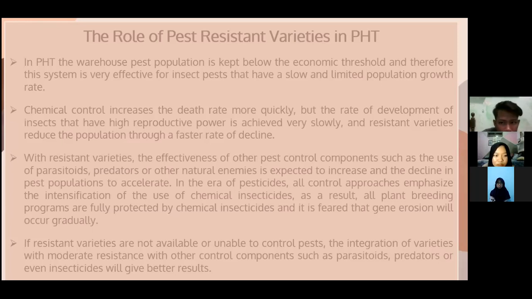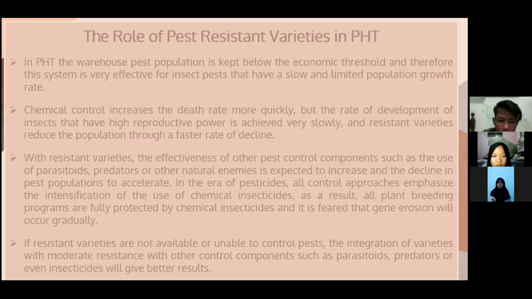With resistant varieties, the effectiveness of other pest control components such as the use of parasitoids, predators, or other natural enemies is expected to increase and the decline in pest population to accelerate.